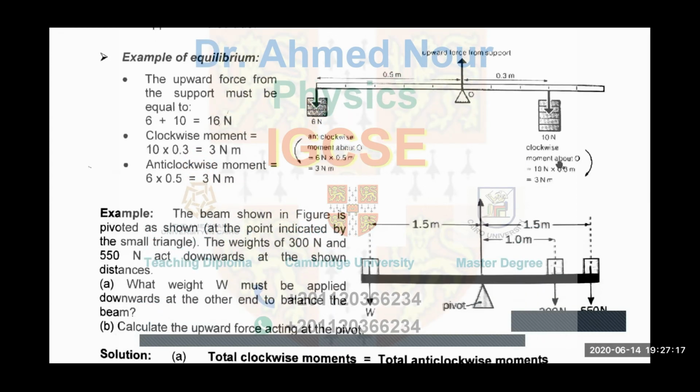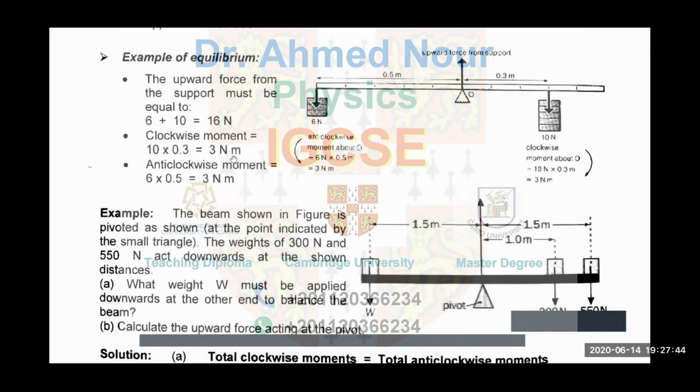Next one, no resultant moment in any direction. Let's see the clockwise moment and the anti-clockwise moment. For the clockwise moment, this one, 10 Newton. Force by perpendicular distance. Where is the force? 10 Newton. Where is the perpendicular distance? 0.3 meters. So 10 by 0.3 meters is 3 Newton meters.